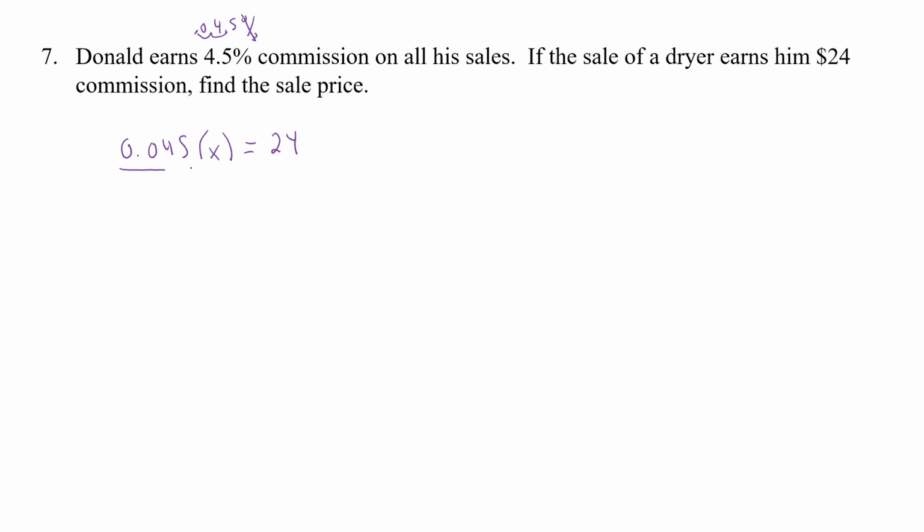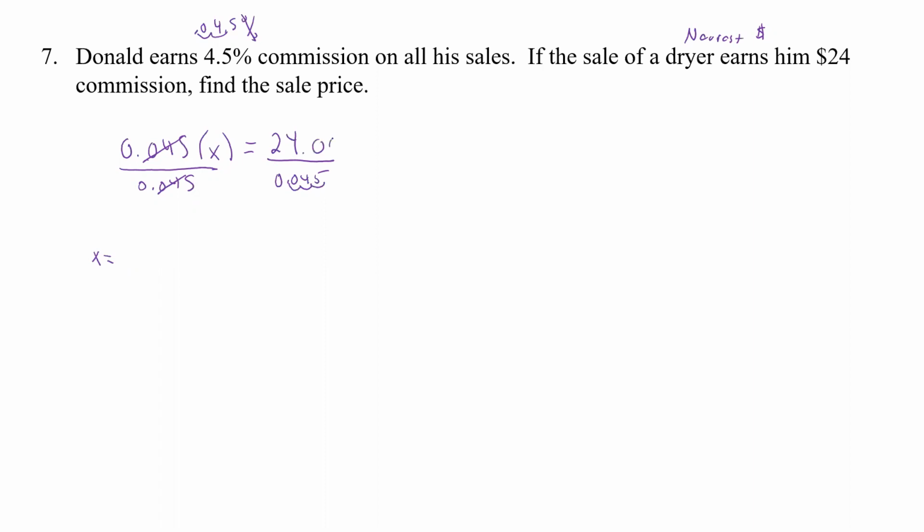Okay, so now we divide by 0.045. Now what does this one tell us to do? It wants it to the nearest dollar. So we have to divide. When we do that, those cancel, and we get x equals. Now we have to move 1, 2, 3 here.